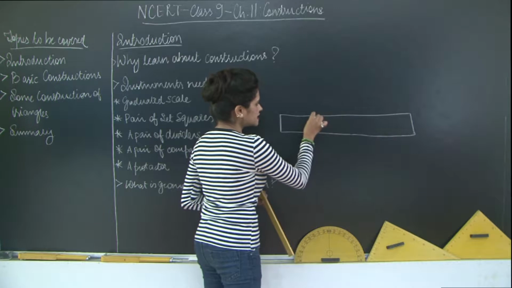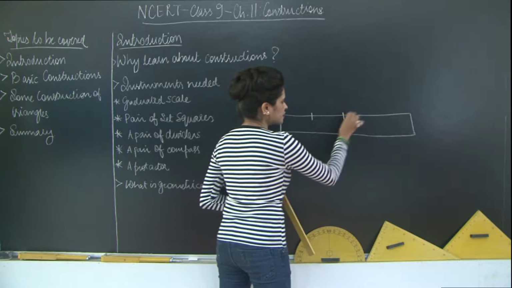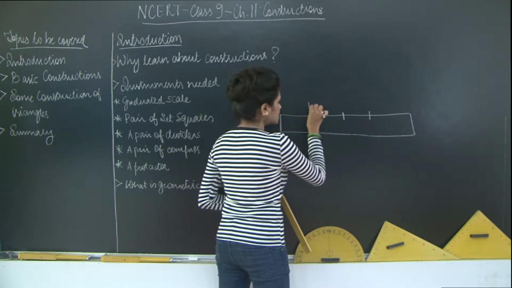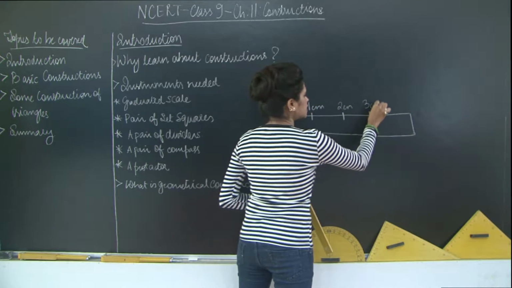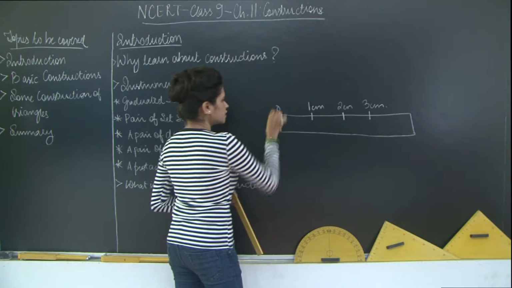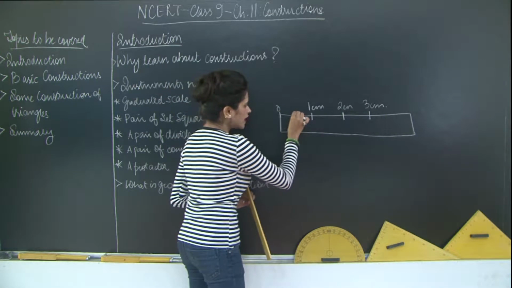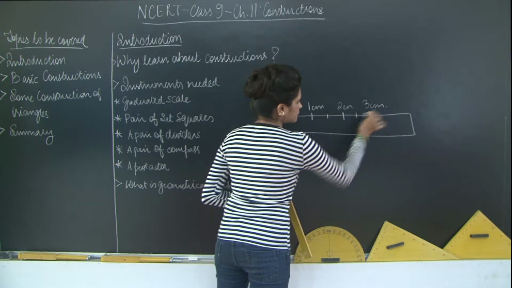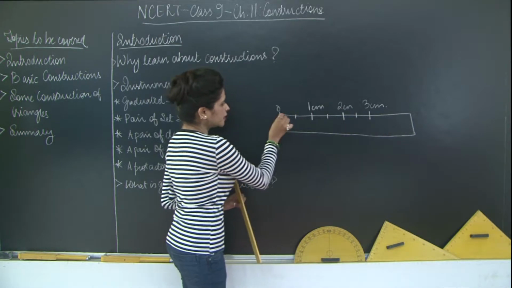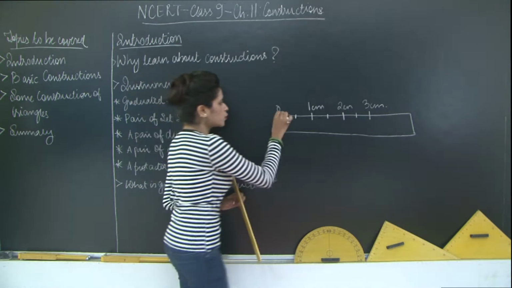Let's say these are the long lines for the centimeters. So this is 1 centimeter, this is 2 centimeters, this is 3 centimeters, and we are starting from 0. Then if you notice, you have some lines in between. Between this line and this line, there would be 4 more units.